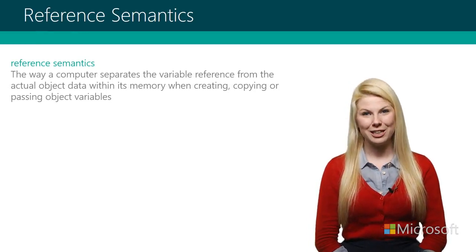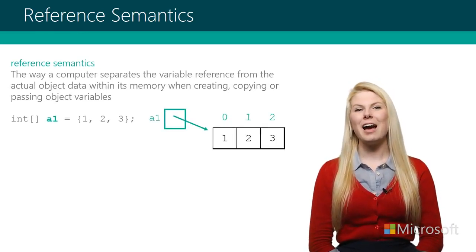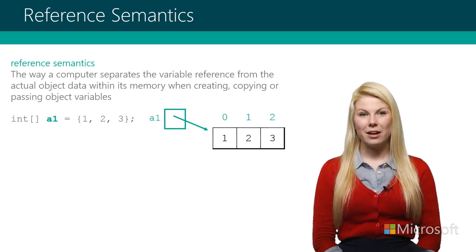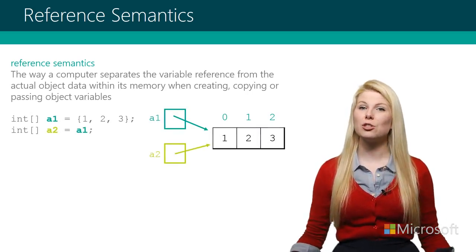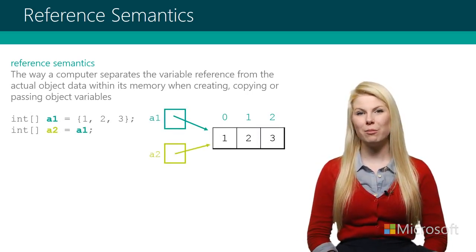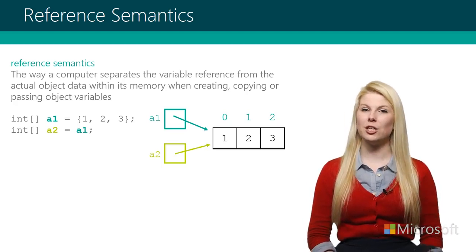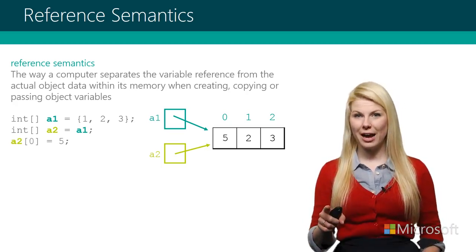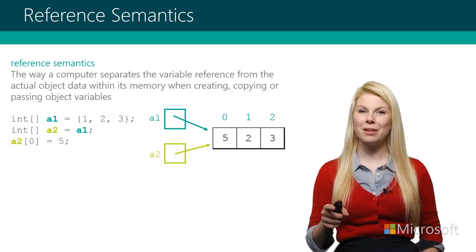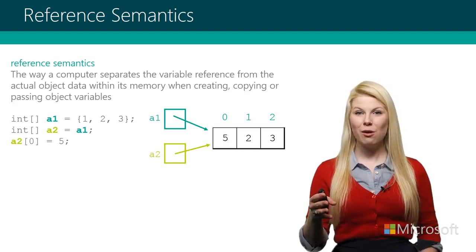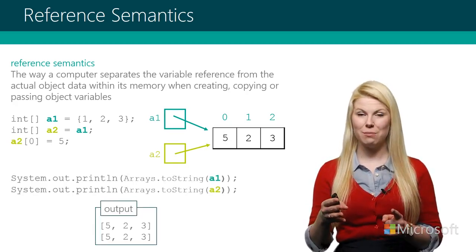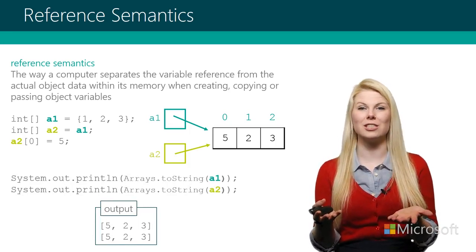So what about objects? Let's say I make a new array, and then I make an array that's a copy of it. Now I've got these two arrows pointing at the same information. Whenever I make a change to one, it's going to follow that address to wherever that location is in memory and then change things up a bit. So if I follow the other address to it in memory, it's going to find those changes.